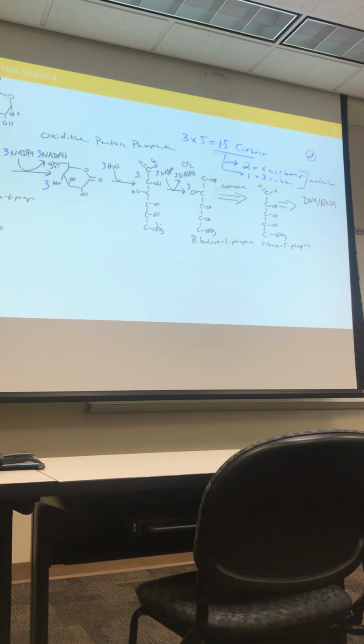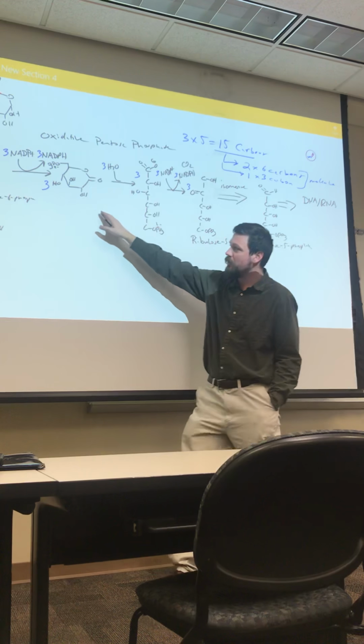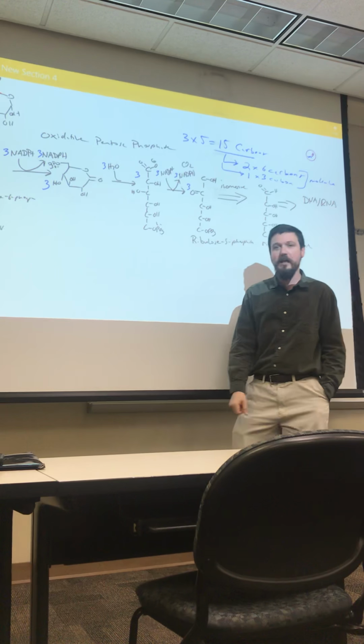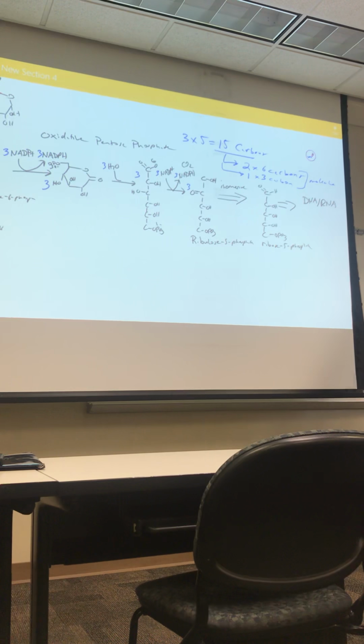So we can recycle these back into 6 carbon and 3 carbon molecules. Why 3 carbon molecules or 6 carbon? Because they can be used here, or they can be dumped back into glycolysis, because it uses 3 carbons, right? Glyceraldehyde 3-phosphate, dihydroxyacetone phosphate. Those are both 3 carbon molecules.